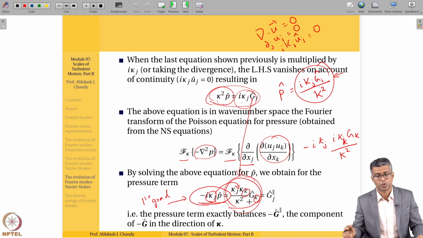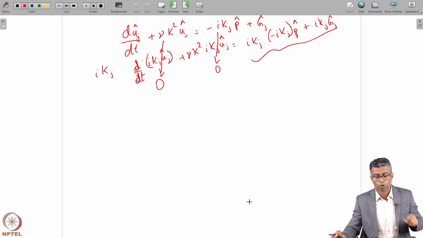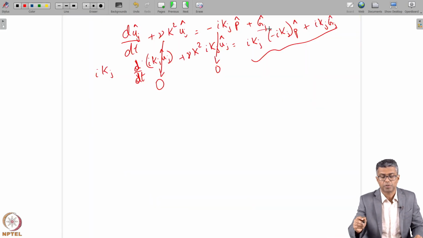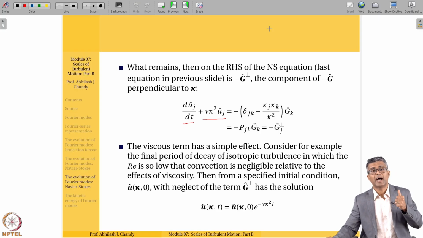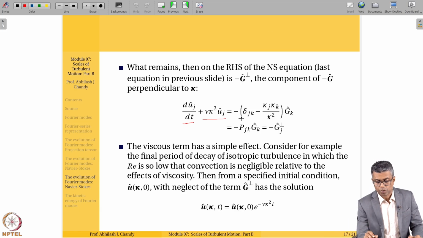So essentially it is gj parallel, and then the nonlinear term is just gj hat. So you have gj parallel minus gj hat, which is gj perpendicular. So that's what we have written here: minus of the Kronecker delta minus kappa j kappa k over kappa squared, times gk hat.